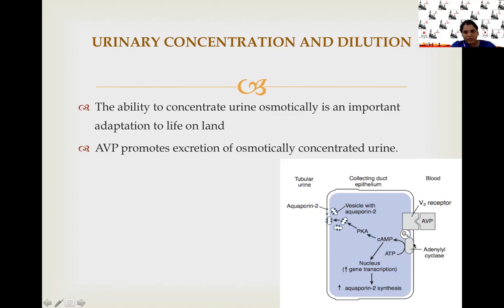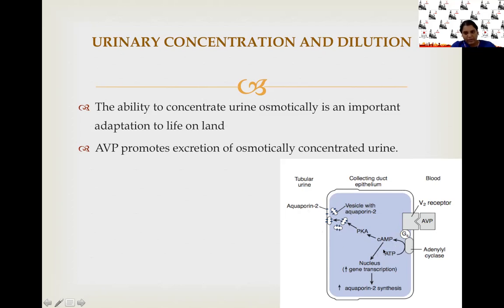The AVP, that is the arginine vasopressin, binds to the V2 receptors, and it helps in the conversion of ATP to cAMP, which in turn produces protein kinase A, which in turn causes exocytosis of intracellular vesicles that contain the aquaporin channels into the luminal cell membrane, thereby increasing the water permeability. This is an immediate effect.